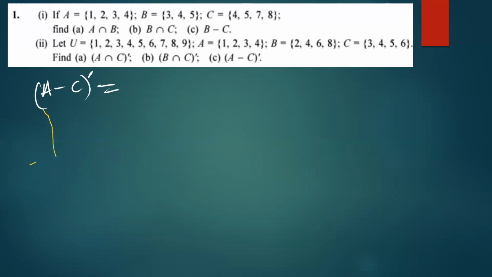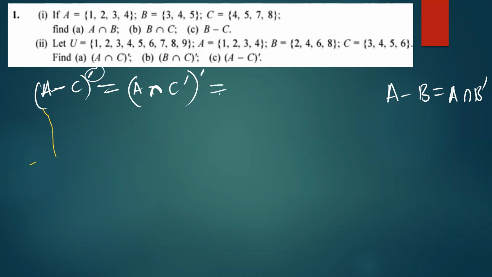Before we use De Morgan's, we can change A minus C. Remember, I said if you have A minus B, this can also be written as A intersection B complement. So you can write this as A intersection C complement. Then from there, there's this complement there, you write it there.